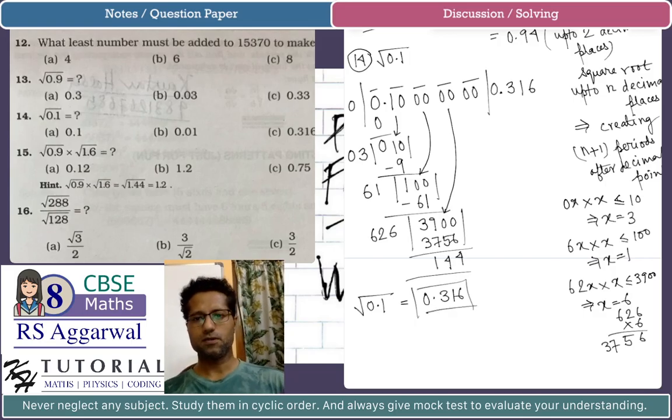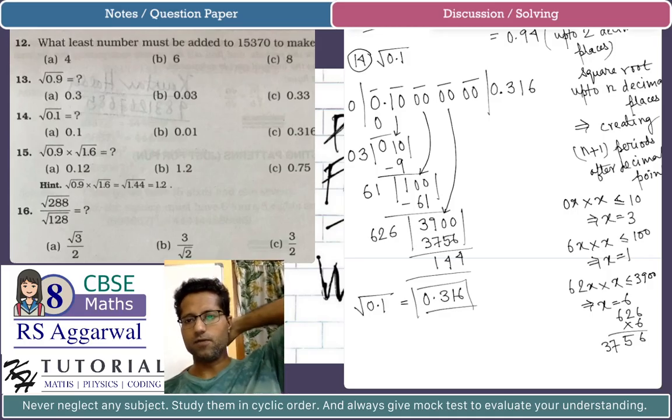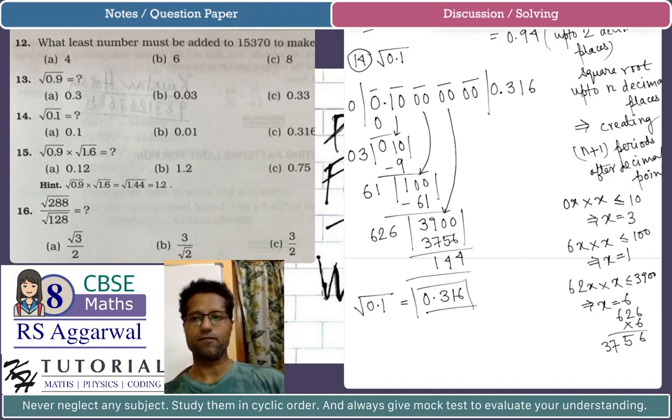So this was directly how we find the square root of a decimal number. The idea was, first you have to decide up to how many decimal places you want to find the square root. If you have to find the square root up to 2 decimal places, then after the decimal point in the given number, you must have or create, if it is not there, 3 periods.